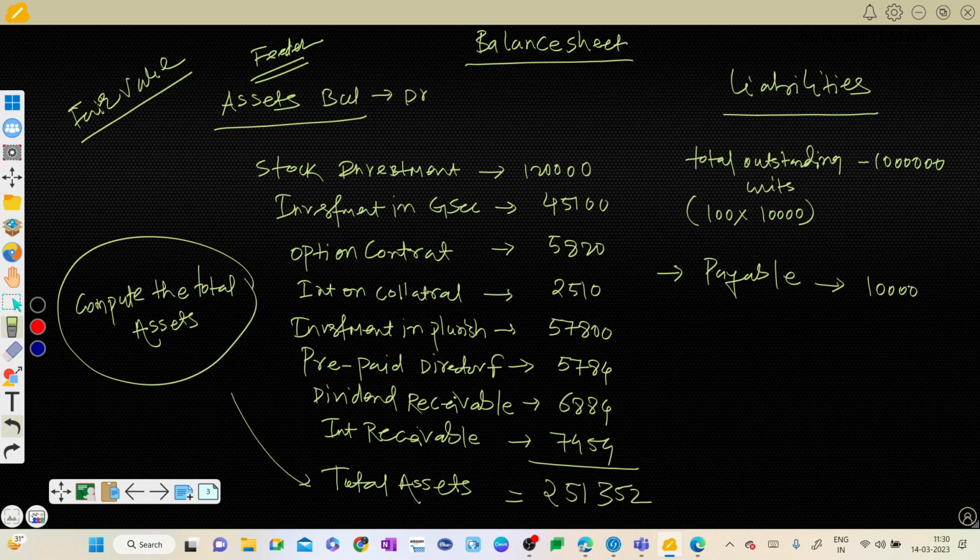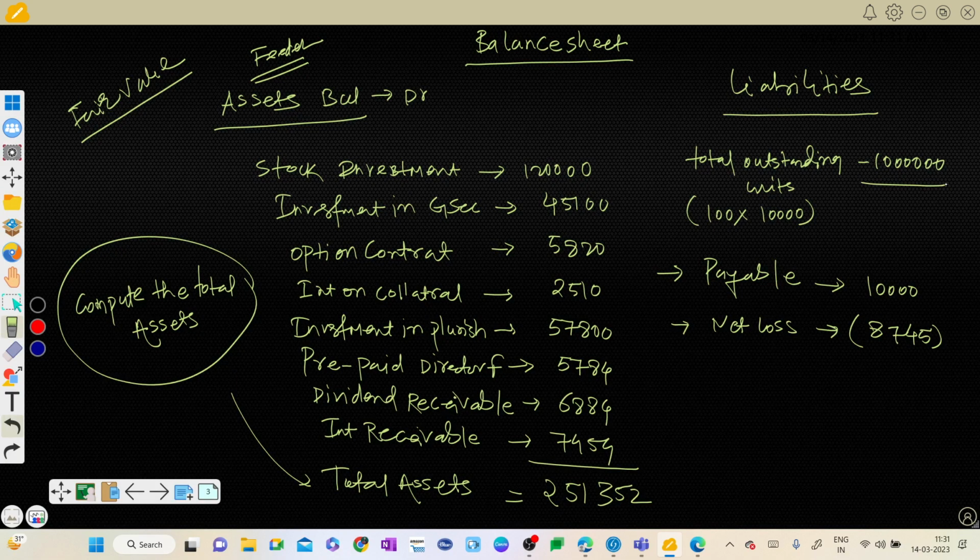The net loss you can also write with the outstanding units value, but I'm writing it here: net loss 8745. So the net value, that you might see change, just minus this value and tell me the net amount if you can.